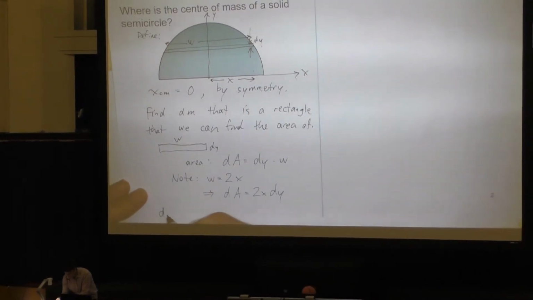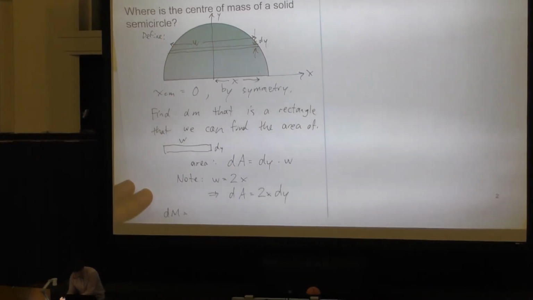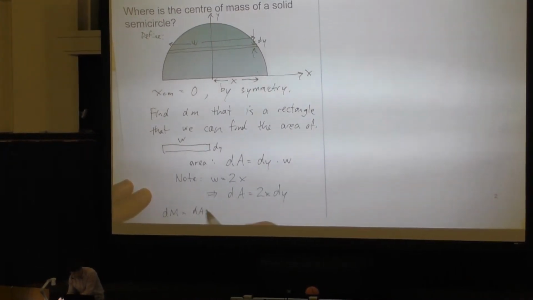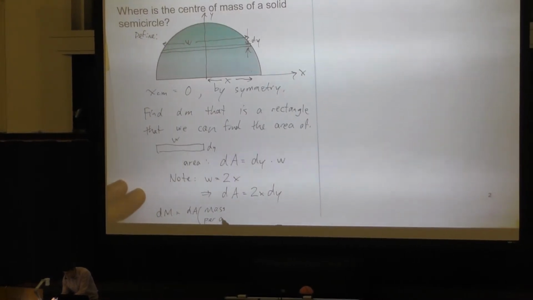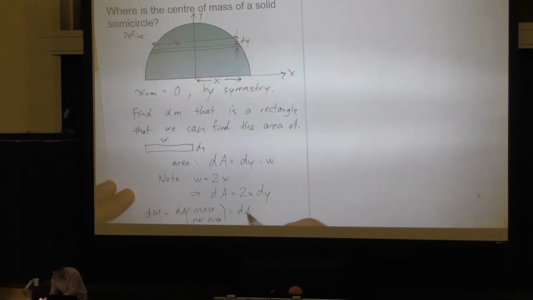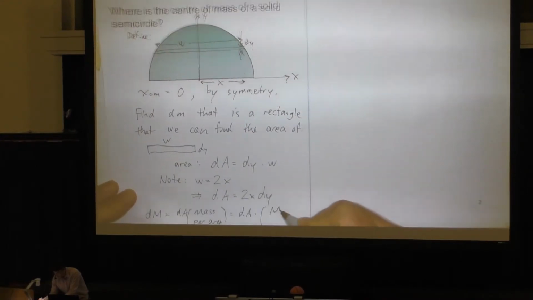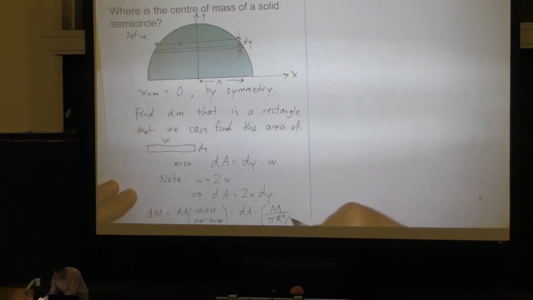And then dm is going to be dA times this mass per area. It's always the same kind of steps. So you say that it's dA times mass divided by the area of half a circle, which is pi r squared over 2.